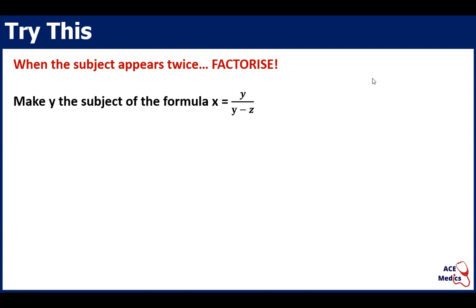Looks good to me. We'll go through it in just a second though. Does anyone else want to pop their answers in the chat? It's really helpful so I can see how you're getting on.